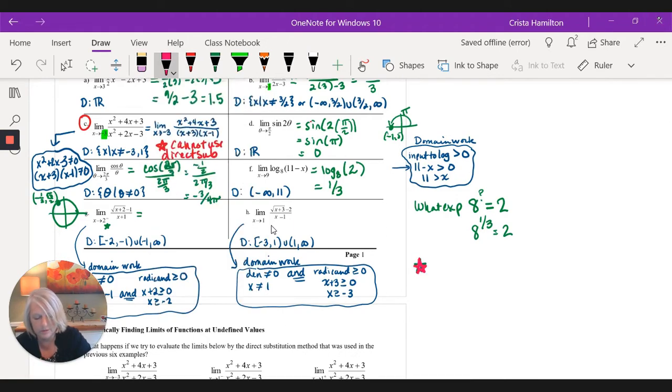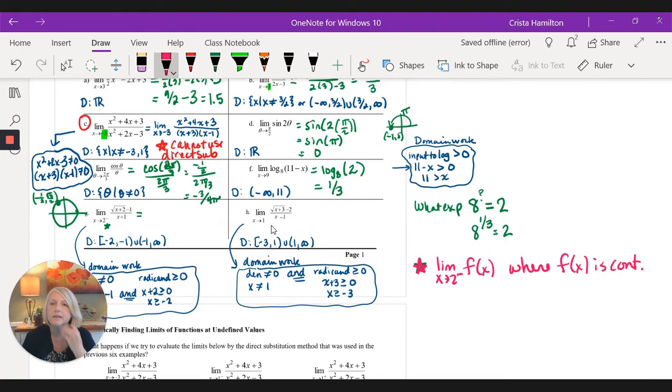So when you're doing the limit as x approaches 2 from the left of a function, where we know f of x is continuous, it doesn't really matter that it's from the left, because continuous functions are connected and the function value is exactly the same. So the limit as x approaches 2 from the left of the function is going to be exactly the same as the limit as x approaches 2 from the right of the function.